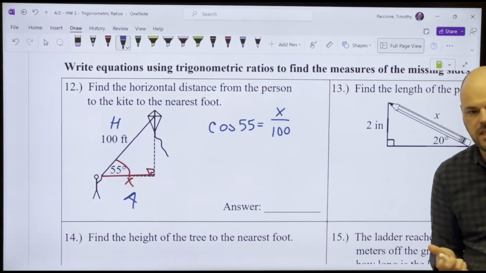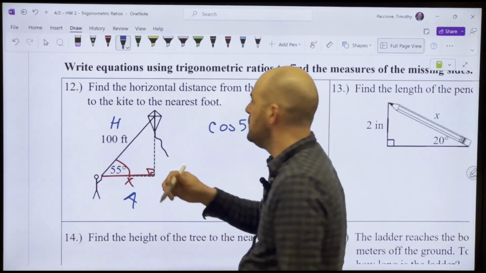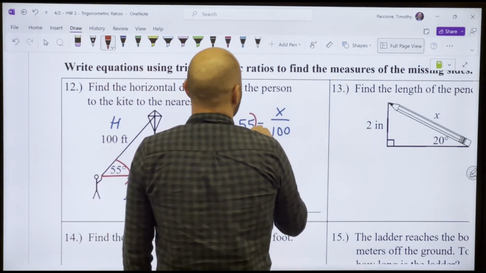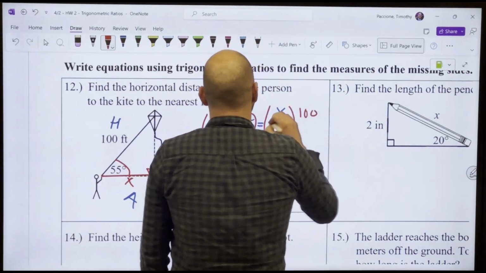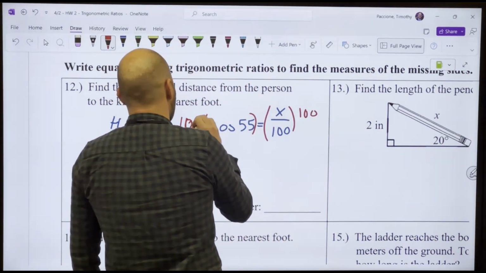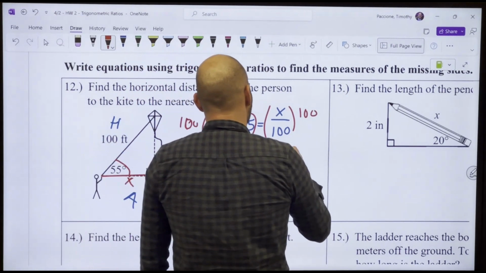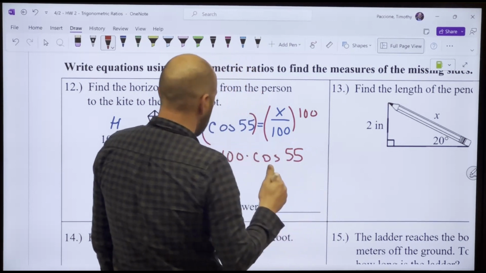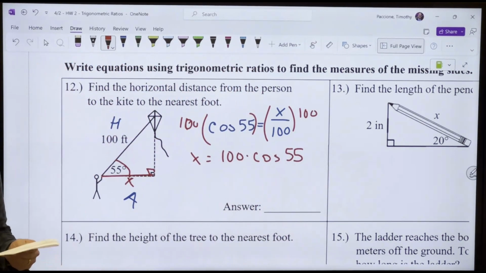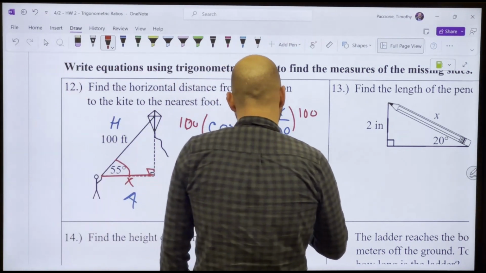Got to get x by itself, so I multiply by 100. X equals 100 times cosine of 55 in my calculator. And I put that in, and I get 57 feet.